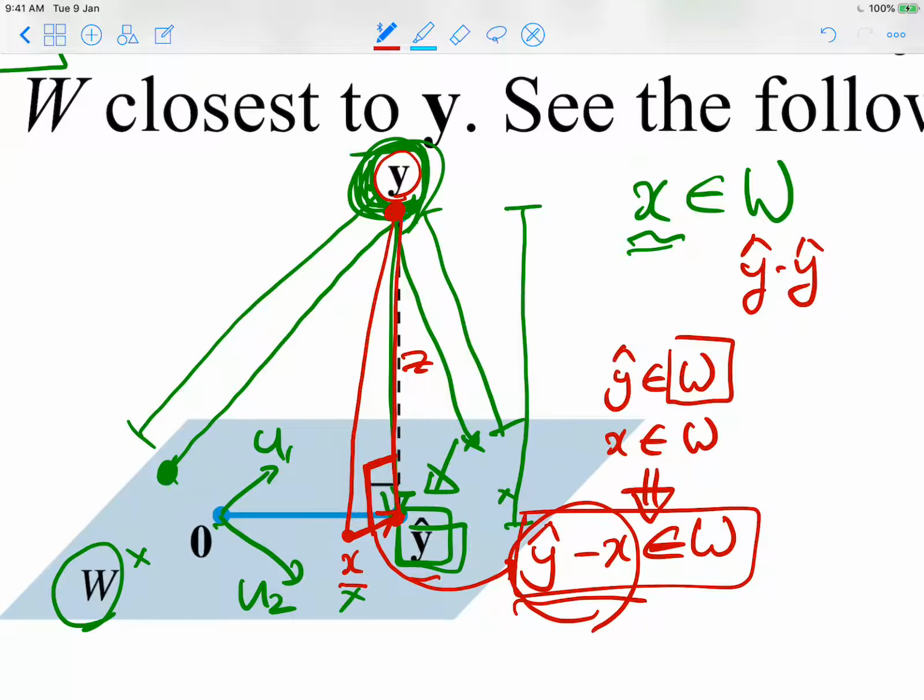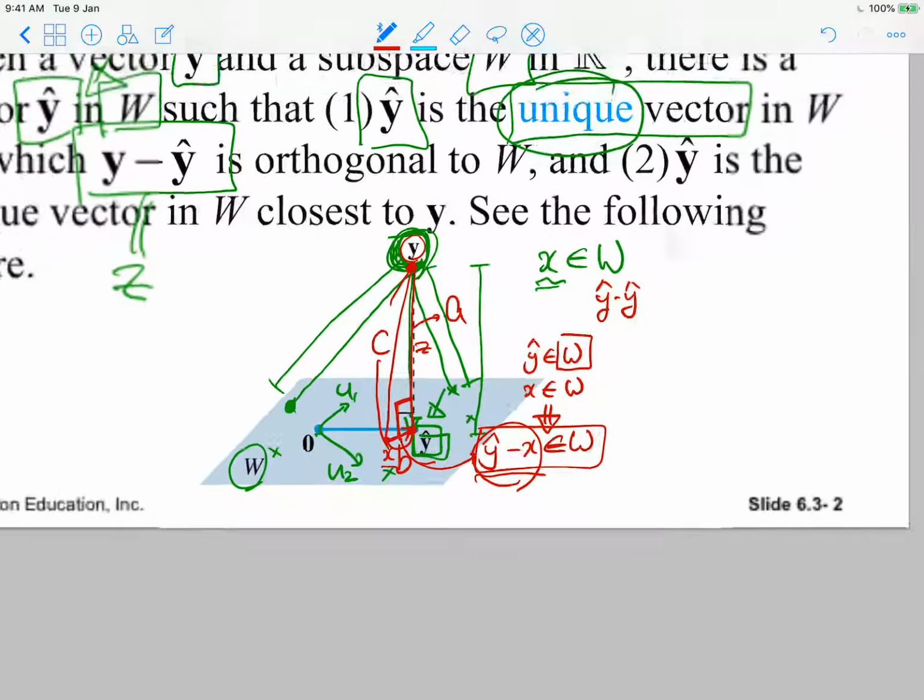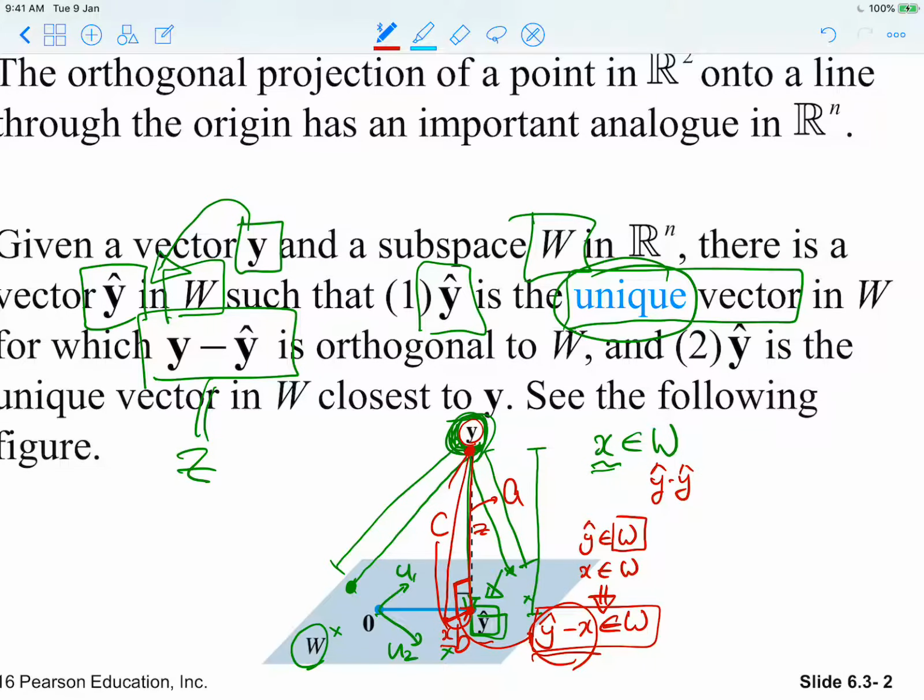And then over here, let's call the vector lengths maybe A and B and maybe C. Okay, and then we can represent it with the Pythagorean theorem, right?